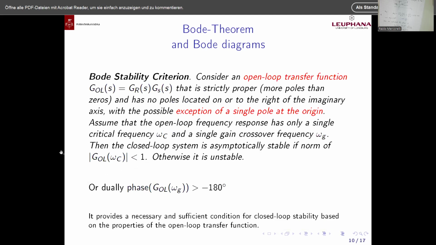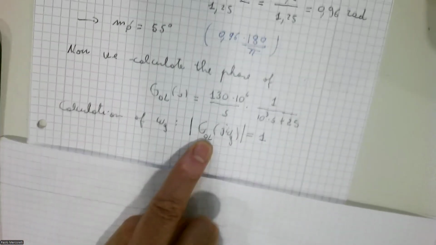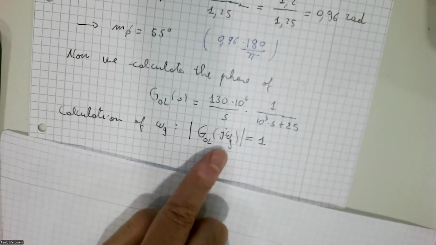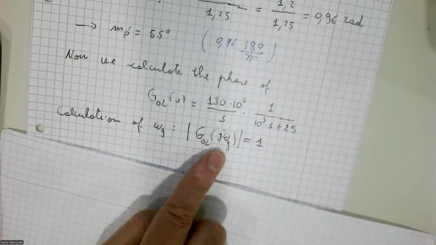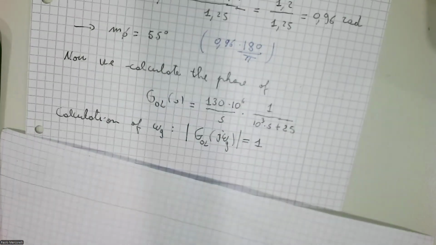Let me see concretely, practically. We didn't invest much time or energy to demonstrate this. Look, this allows me to calculate this omega g crossover frequency, which is nevertheless the critical frequency when the amplitude is equal to 1. Practically it means this.